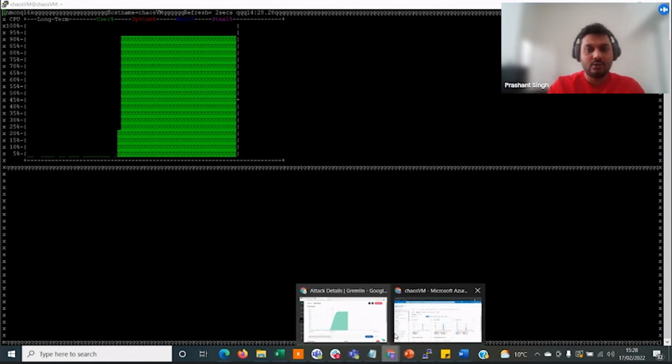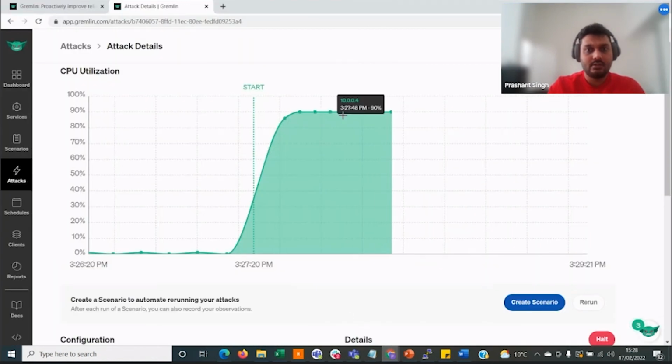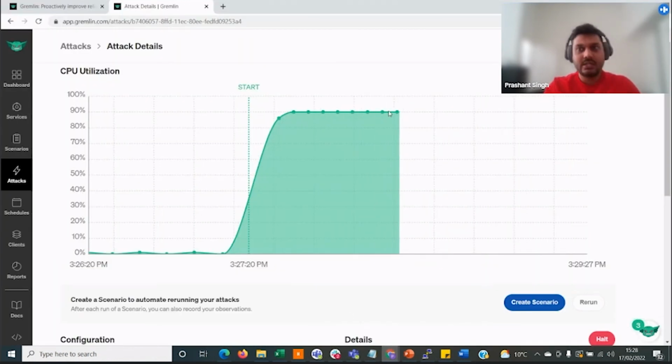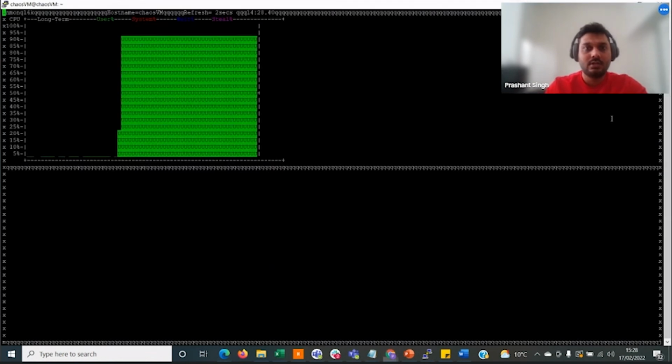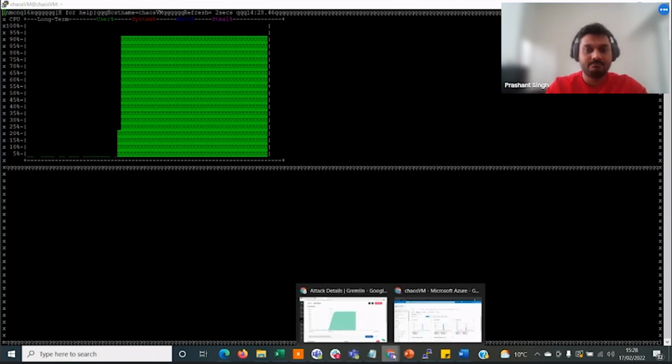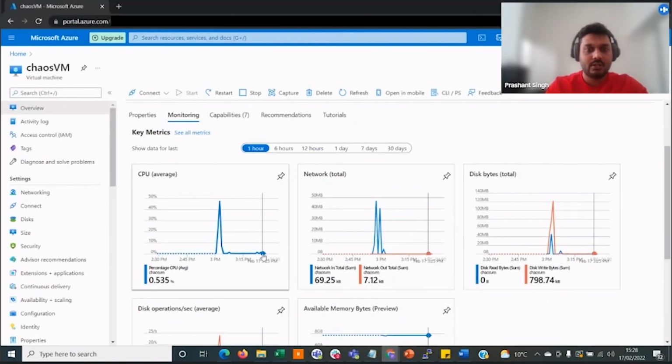And the Gremlin is also telling me, yes. So this is the stop button. If something goes wrong, I could use halt all attacks, which I was telling you guys about during the theory. Still 90%, and my Azure Monitor is not showing me anything as of now.